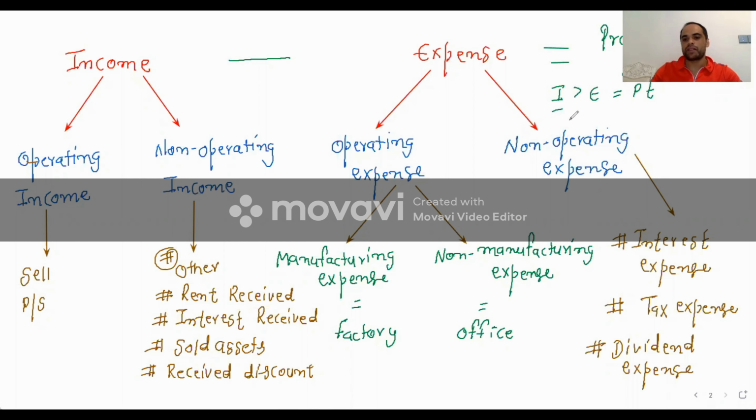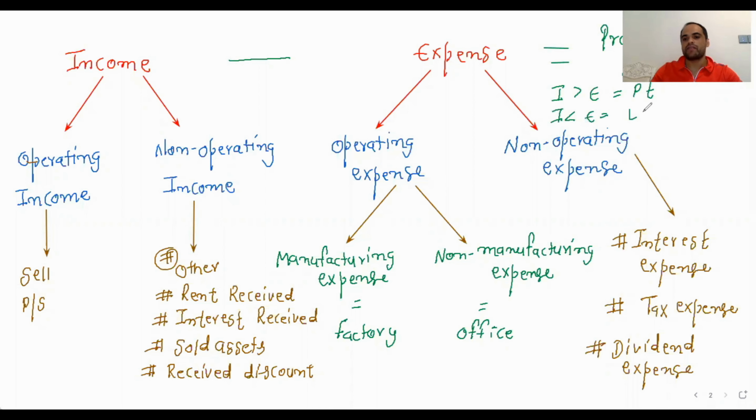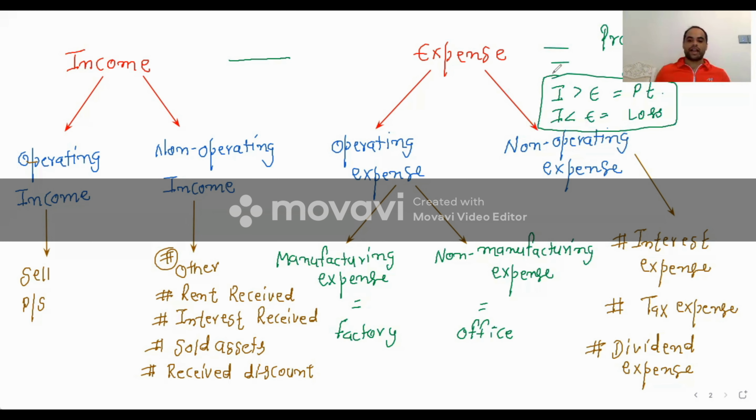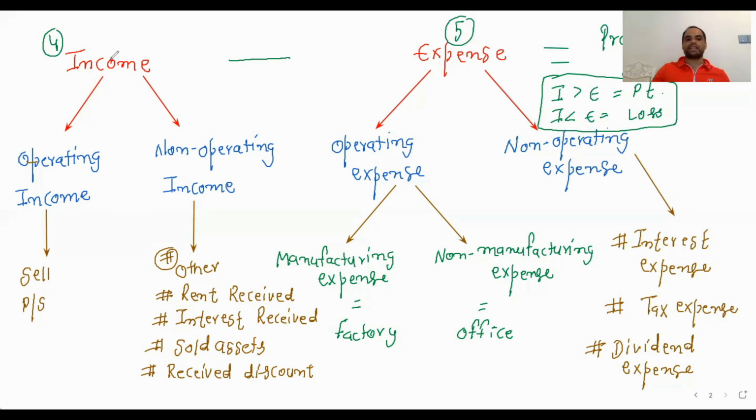If income is less than expense, you have loss, right? So that is your elements 4 and 5. So income minus expense is called the income statement. It provides information about company profit and loss. So the 5 elements are finished.